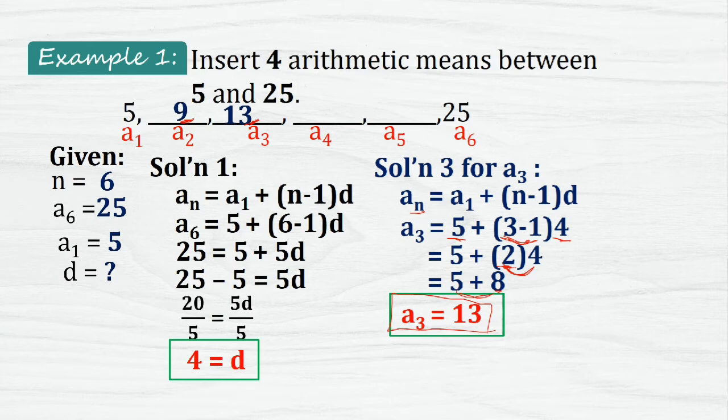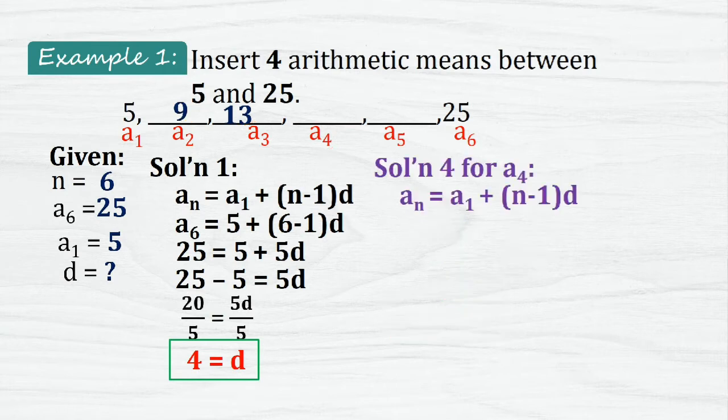Next, for the third arithmetic mean, that's a sub 4, or the fourth term. So still, a sub n equals a sub 1 plus n minus 1 times d. Our n here is 4.